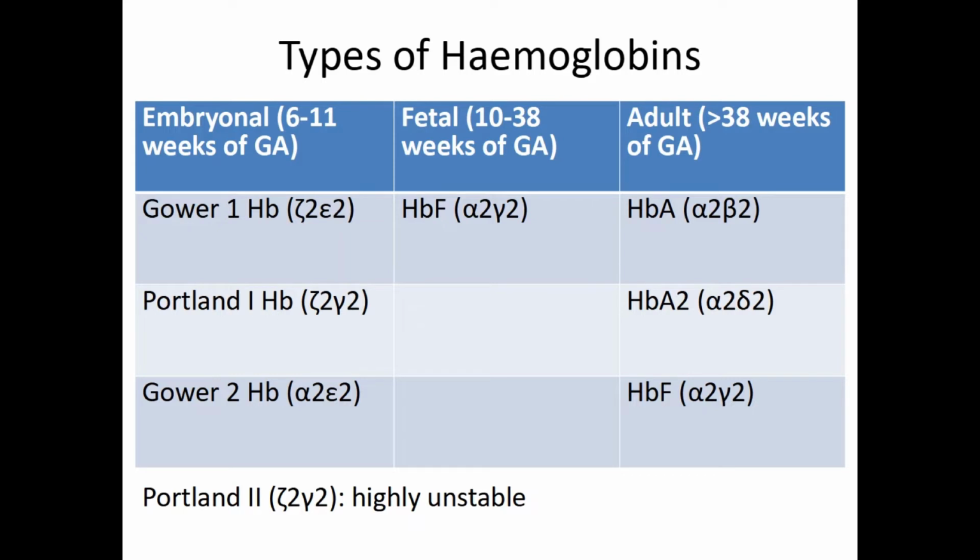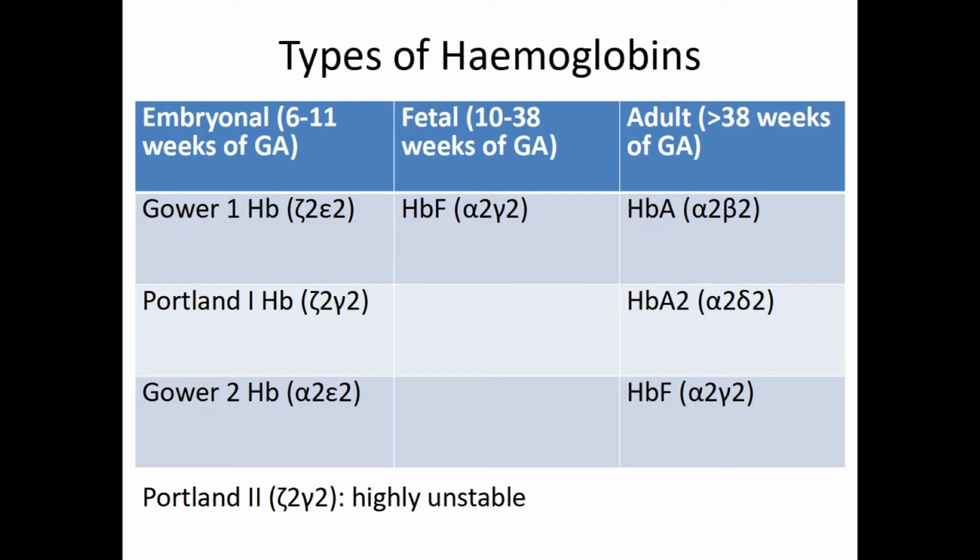If we look at the globin chains which make up the hemoglobin, in embryonal stage of life, initially the embryo will have 2 zeta chains and 2 epsilon chains. Later on, the epsilon ones will change to gamma, at which stage it is called Portland 1 hemoglobin. Then it becomes alpha 2 and epsilon 2 types of globin chains, which is called Gower 2 hemoglobin.